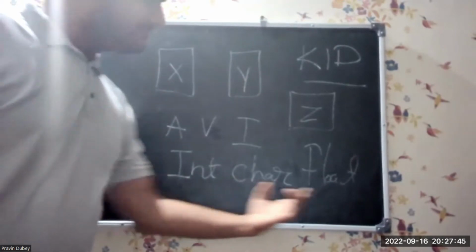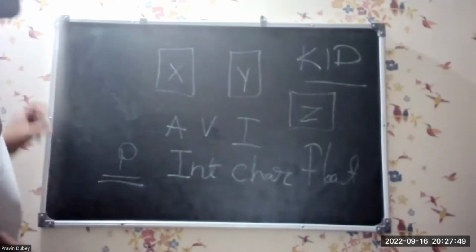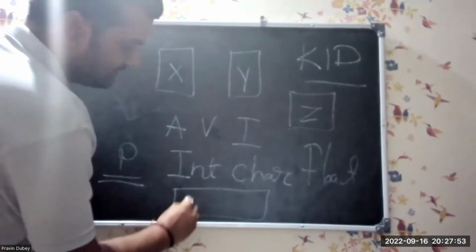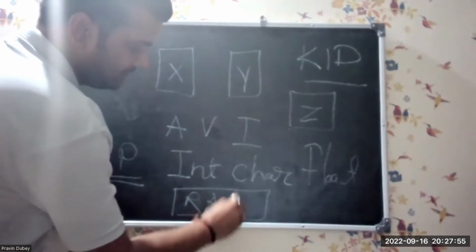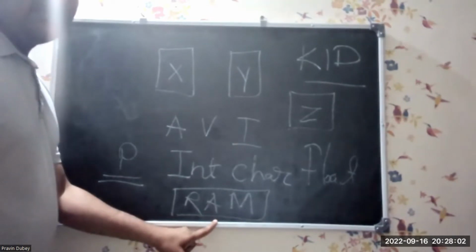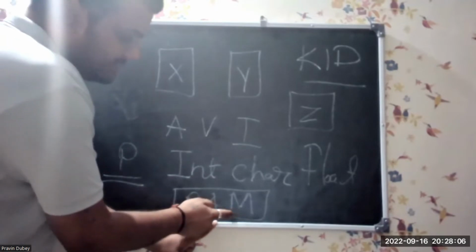Now, when we jump into programming, all data are stored in something called RAM. RAM is random access memory.